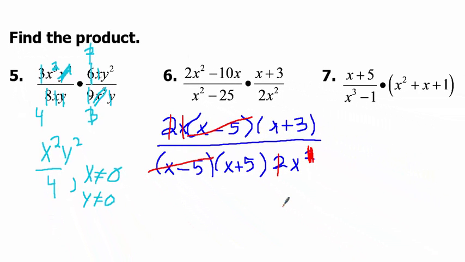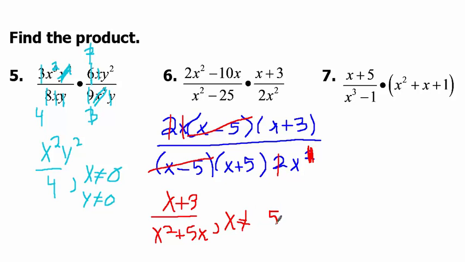So I do need to multiply the denominator back out. So I end up with x plus 3 in the numerator. X times both of these is x squared plus 5x. And every single one of these terms that is in the denominator cannot equal 0. So that is going to include positive 5, negative 5, and 0.